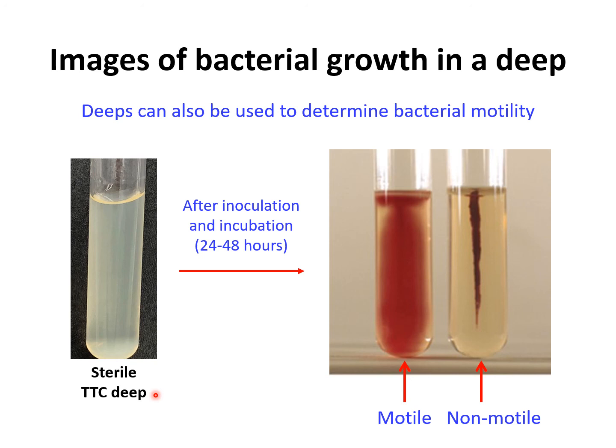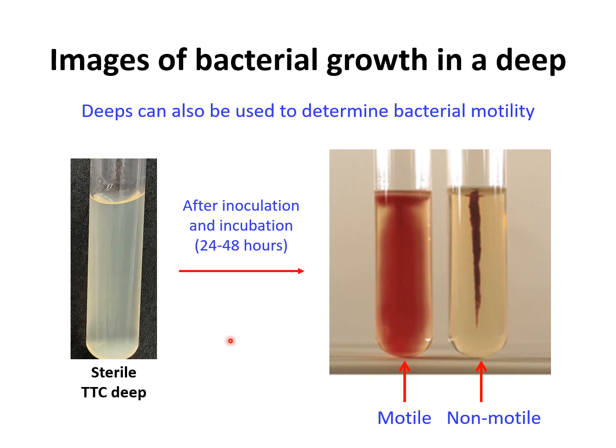Kind of like that slant picture that I showed you with the pink growth on it. If they naturally produce pigments, that's going to be easy to figure out their motility because you're going to see their color. And if you see their color spread throughout the tube, you know it's motile. If not, then they're non-motile.